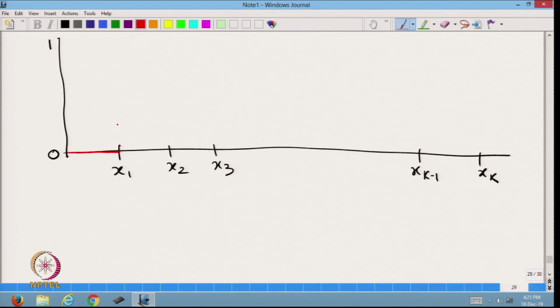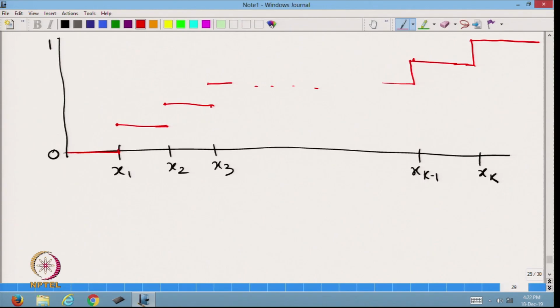At x 1 there will be a jump, at x 2 there will be the next jump, like that. At x 3 there will be another jump, at x k minus 1 there is going to be a jump, and finally at x k there is a jump and the value takes 1.